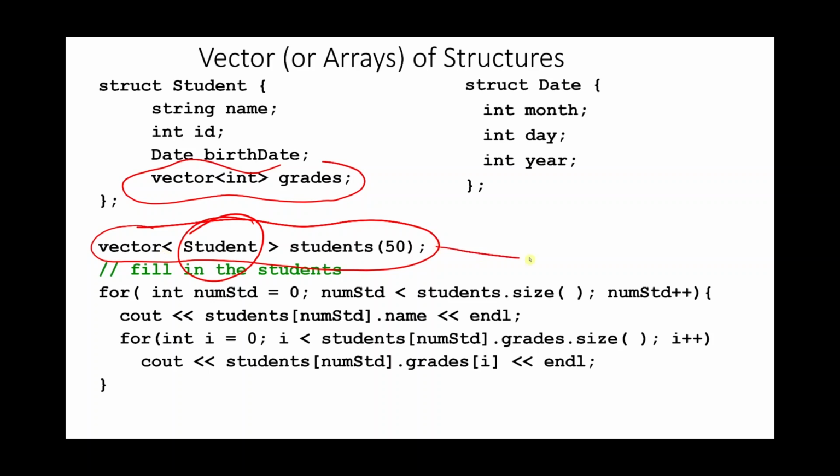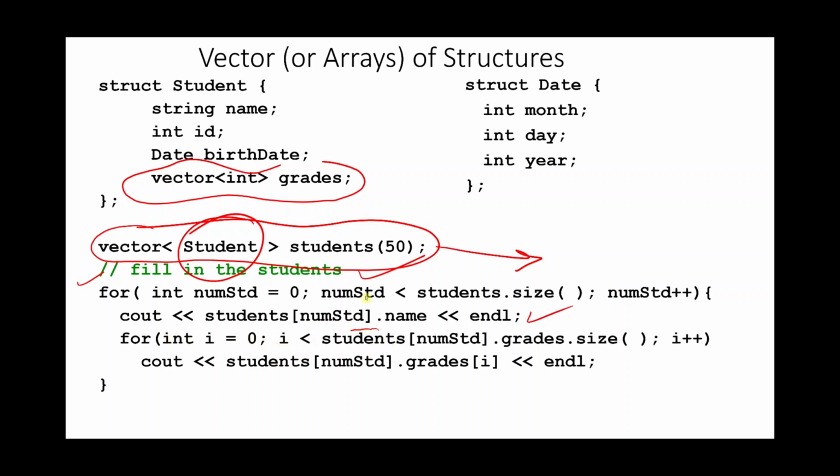So I defined 50 students in my classes, and I filled the students' information in here somehow, and then I have a for loop or embedded for loops that is going to go through every student, print the name, and then print their grades. So printing the student name, then printing their grades.